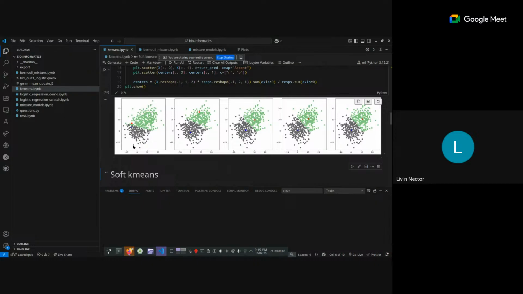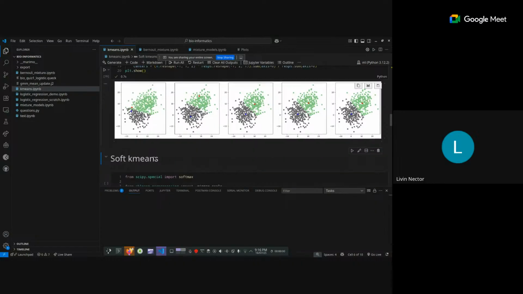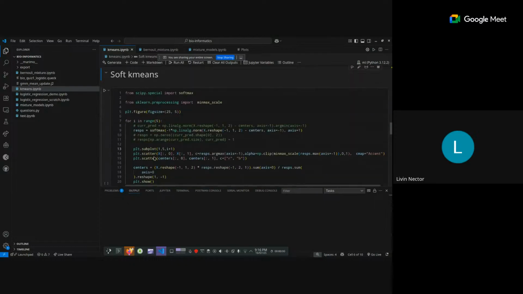It will choose this one as a second point, which is farthest. For the third one, it will choose a point which is further away from both of these points. Maybe this one, which has some distance from both of these points. Those kinds of initialization ensure that we do not end up in those scenarios, right? So that's it for the hard k-means.